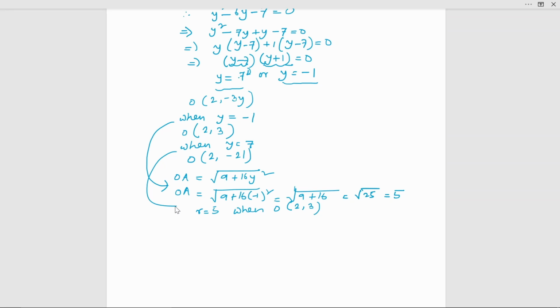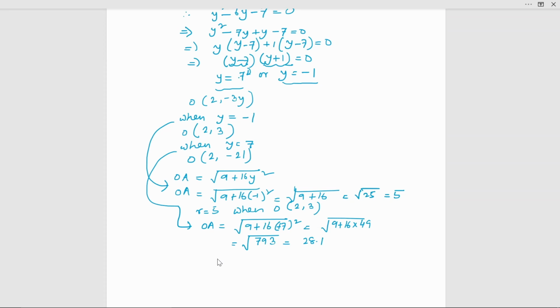And when y is 7, then OA becomes the square root of 9 plus 16 into minus 7 square, which basically gives me 9 plus 16 into 49, which will give me 793, and this will give me 28.1.